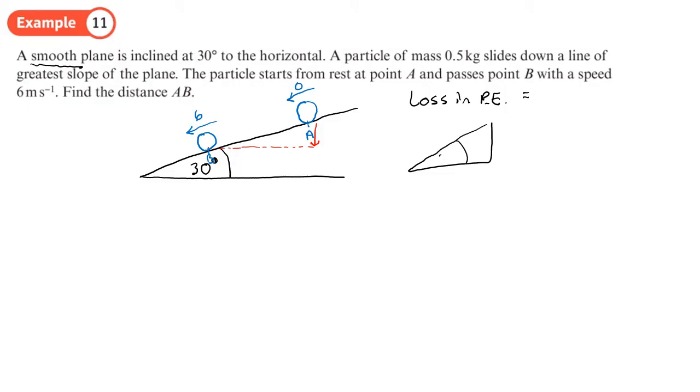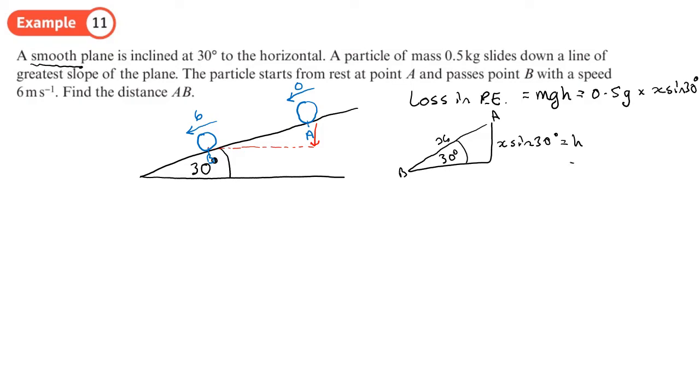This is 30 degrees, this is point B, this is point A. We'll call this distance x, that's what we want to find. So the drop in height here is going to be x sine 30. So that's our h in the mgh. So loss in PE is mgh: mass is 0.5, g is 9.8, times x sine 30.